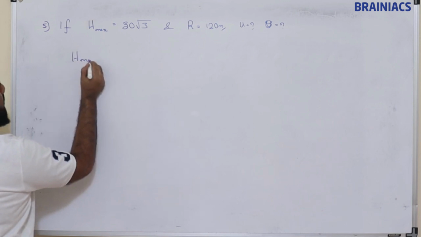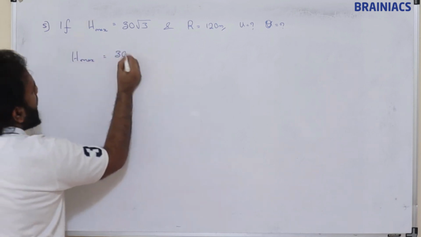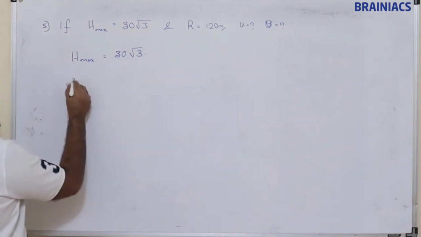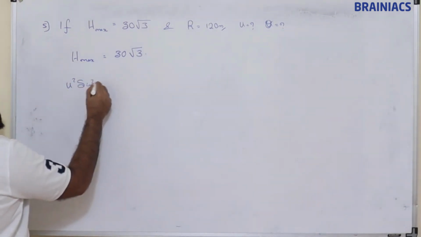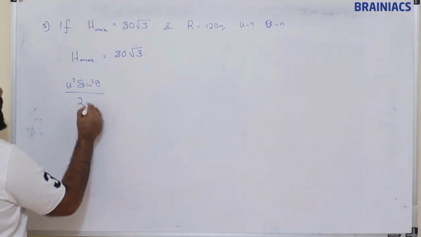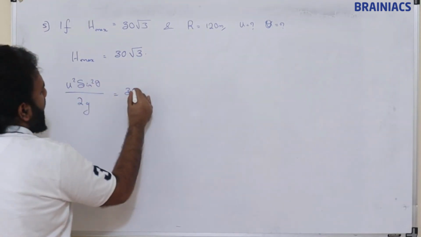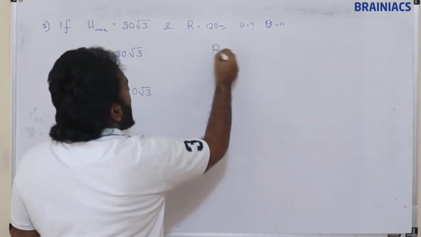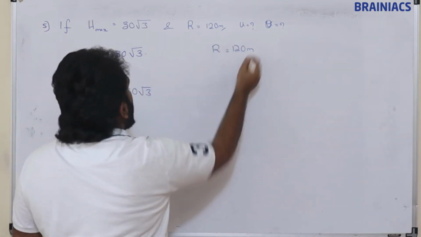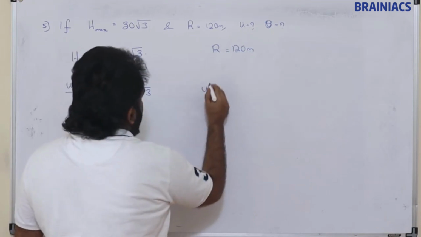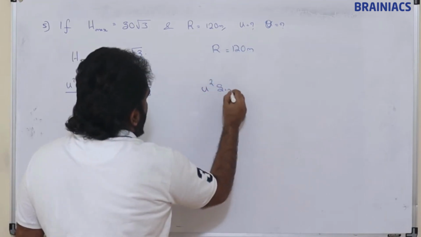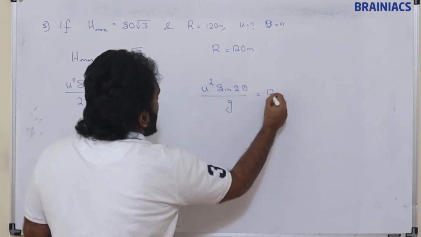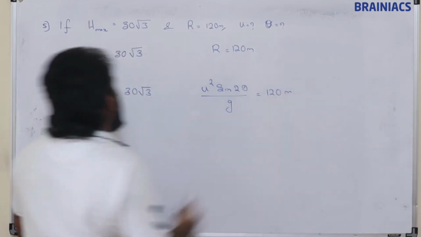So h max is equal to 30 root 3, that is u square sine square theta divided by 2g is equal to 30 root 3. In the same way, range is equal to 120 meters, so u square sine 2 theta divided by g is equal to 120 meters.